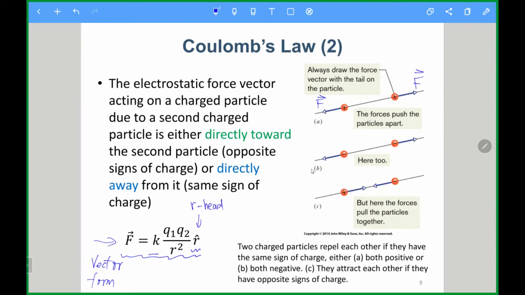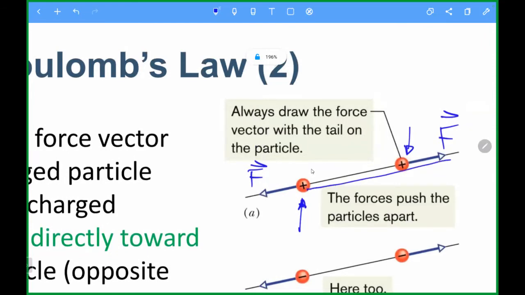As I mentioned, this is the unit vector of R. When you consider this charge as the origin, and you consider the force acting on this one, then you will have the R axis like this, in this direction, from this charge to this charge. So in that case, R hat is this one.